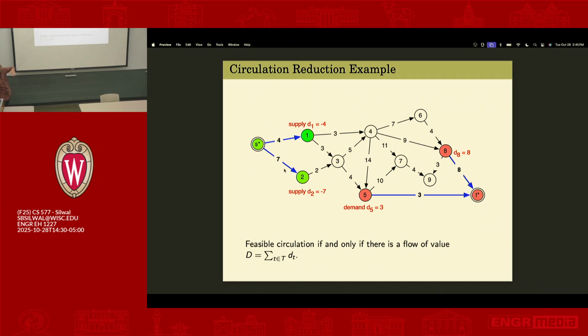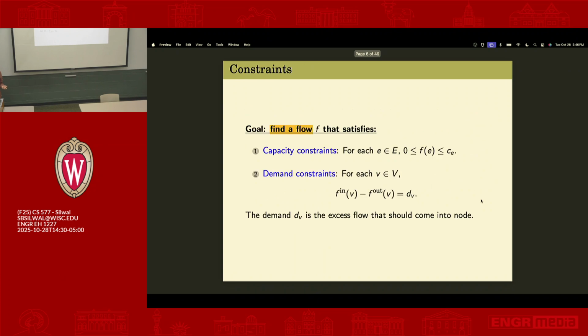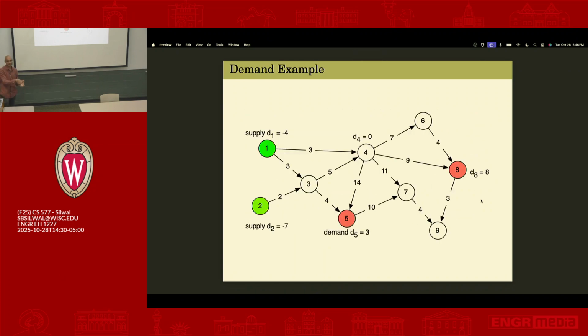If they saturate these 2 edges, that means they have to saturate these 2 edges, because 7 plus 4 is 8 plus 3, that's 11. If they're saturating these 2 edges, S star is sending 4 units of stuff here and 7 units of stuff here. That's how these factories get their things. The rest of the white nodes have flow in equals flow out, so they satisfy conservation. And the red nodes have to end up with excess demand, because they're sending this excess to T star. So in the original problem, they'll end up with some stuff stuck there. That's exactly what we wanted.